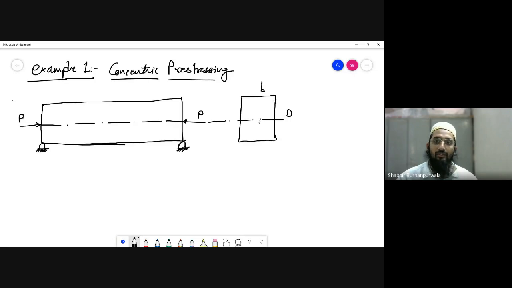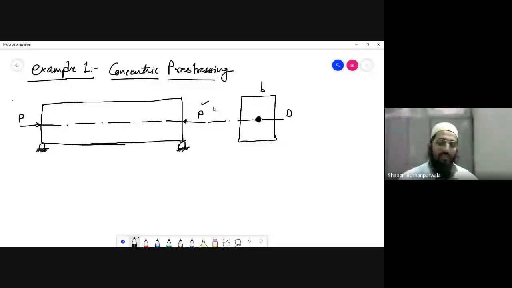In the cross section, what I am telling you is that this is the duct or this is the position at which I am applying the P. Okay, so at the center, at the centroidal axis, we are applying this.